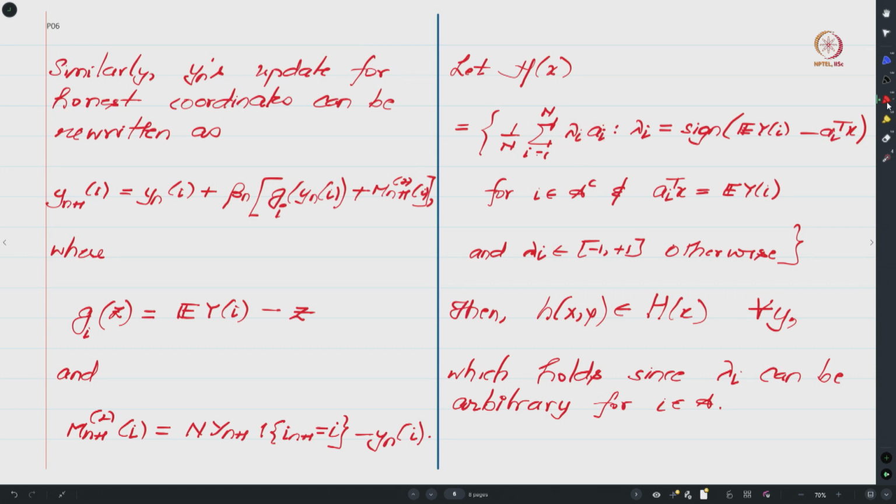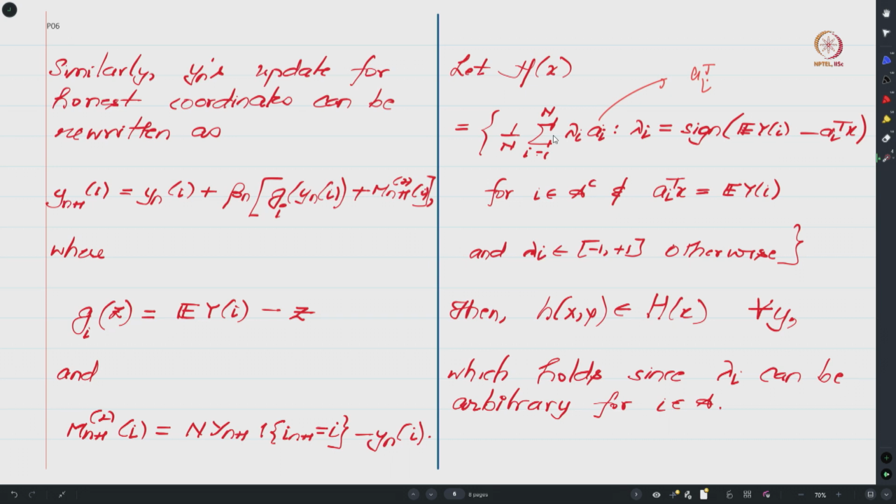Recall that a_i transpose was the ith row of your matrix A, so this a_i is the transpose of that vector. So this was a row vector and a_i is a column vector. So we have a linear combination of these a_1 to a_n, where lambda 1 to lambda n are scalars, meaning they are some numbers, and these lambda 1 to lambda n should satisfy some properties.